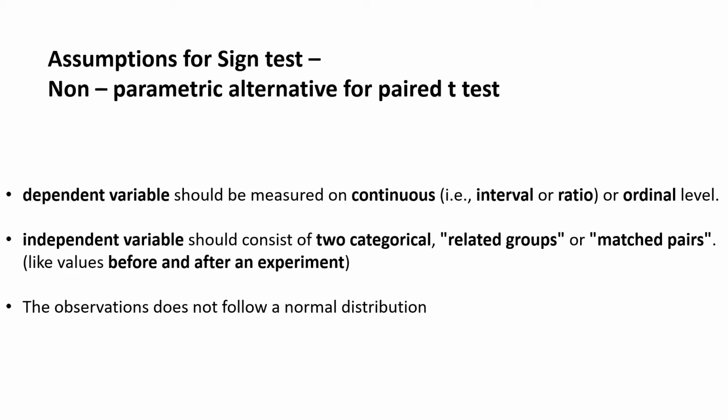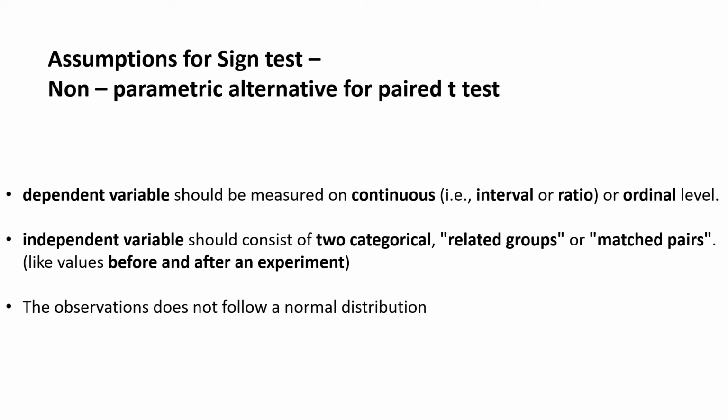The independent variable should consist of two categorical related groups or matched pairs, like values before and after an experiment or before and after a treatment. So there are two categories of the independent variable: one is before treatment, the other is after treatment.